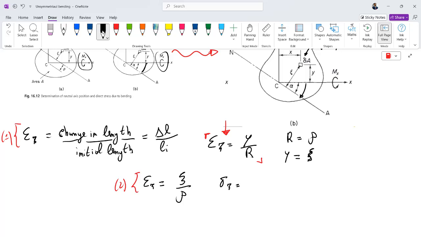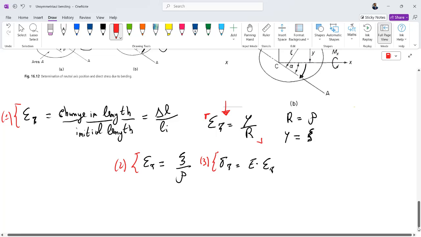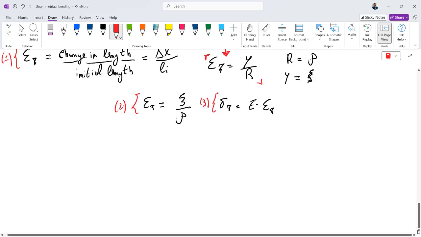So sigma z is equal to Young's modulus times epsilon z. This is a simple equation, the third equation. Up to here is all the same as the discussion made for the symmetrical bending. But let's go to see other stuff.